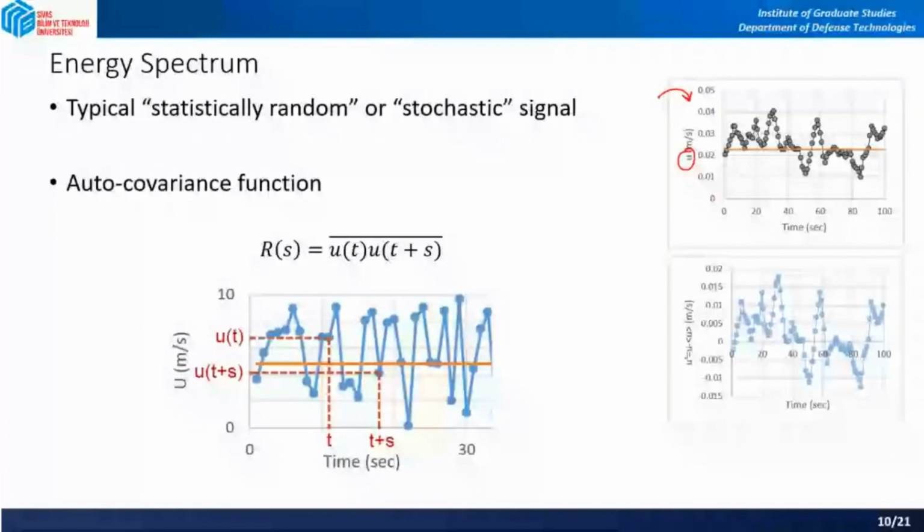The magnitude of rho is smaller than 1, or it always gets some value between -1 and 1. And then rho s is equal to rho minus s, which shows that it is an even function.